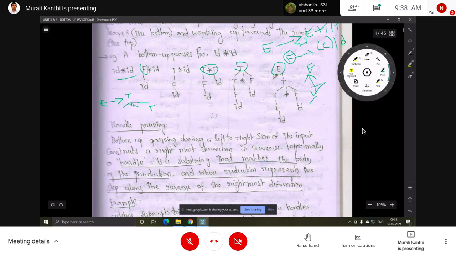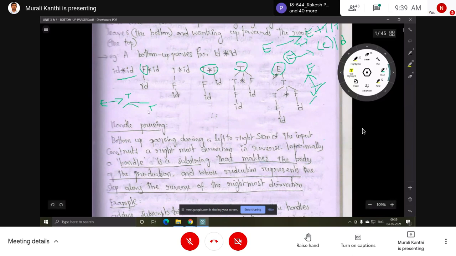So T can be expanded by T into F. First, which symbol is replaced? The rightmost non terminal is replaced. If you do that derivation, you can see this in the tree. So bottom up parsing, during a left to right scan of the input string, constructs a rightmost derivation in reverse.